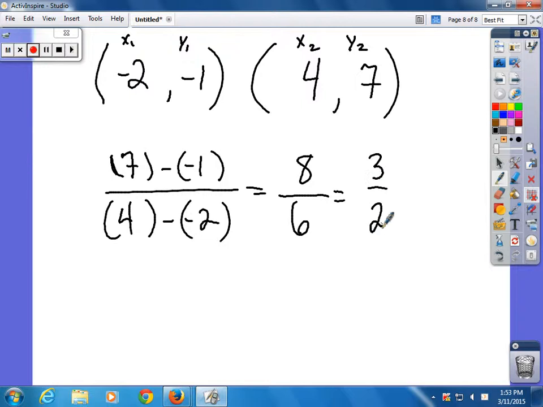Oops, sorry. Two will go in there. 4 is first. So there we had a bunch of negatives and we came out to be what? And the only other one is if you have all negatives.